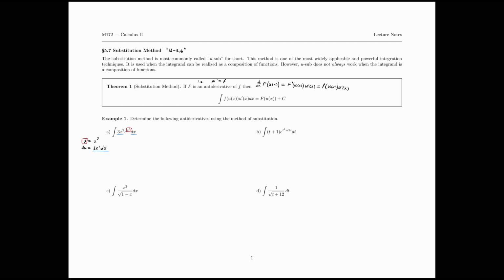So for this entire integral, you don't have to do this, but mentally it can be useful for some people to think of it as grouping the 3x squared and the dx together.